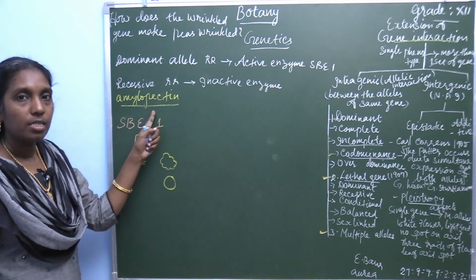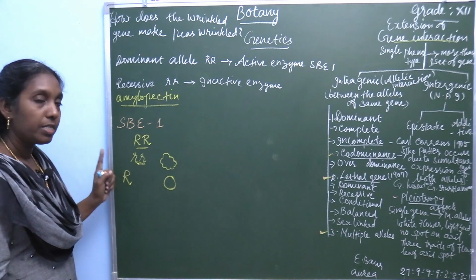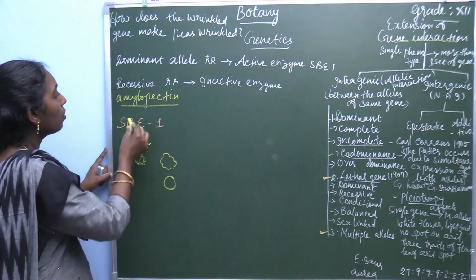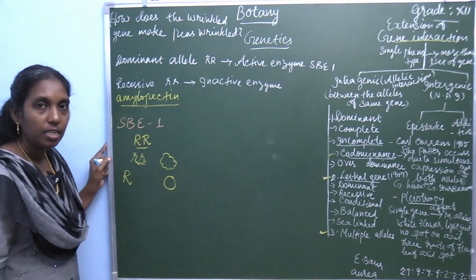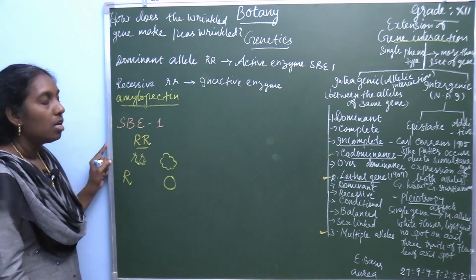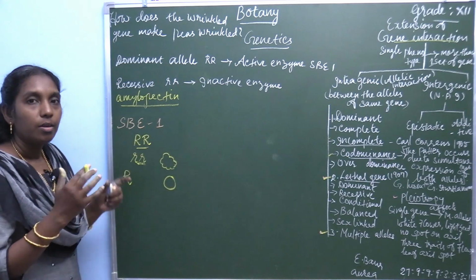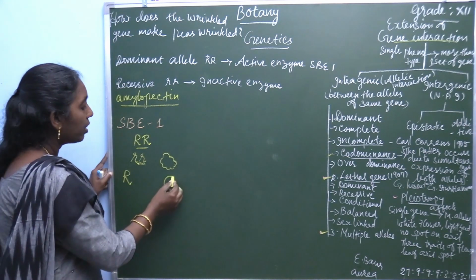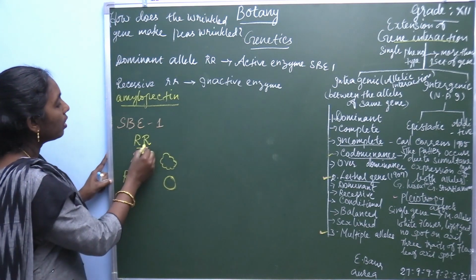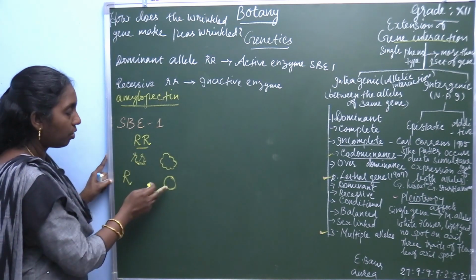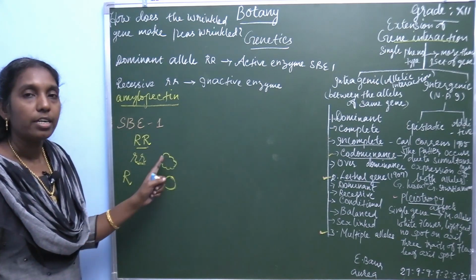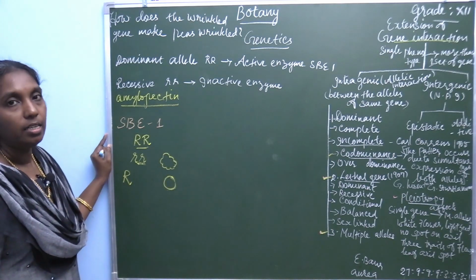It activates the enzyme capital R, so that it produces amylopectin, an insoluble carbohydrate. So, it balances the osmotic potential and the seed becomes round. So, capital R is responsible for round seed, and recessive small r is responsible for wrinkled seed.